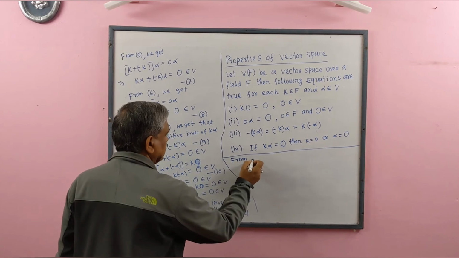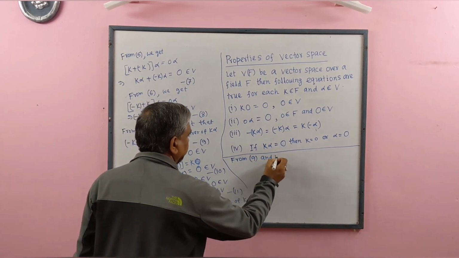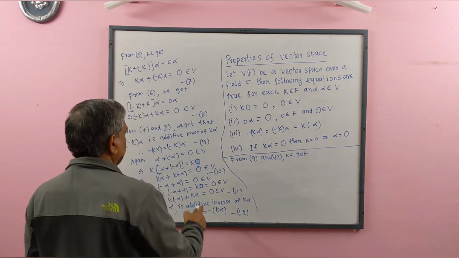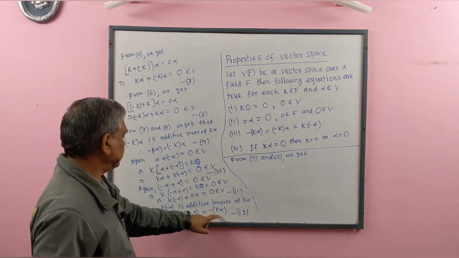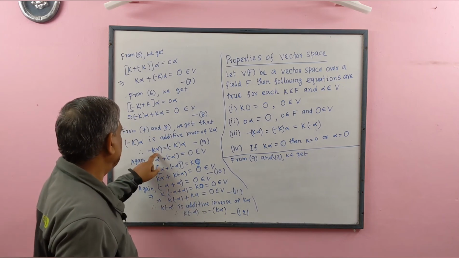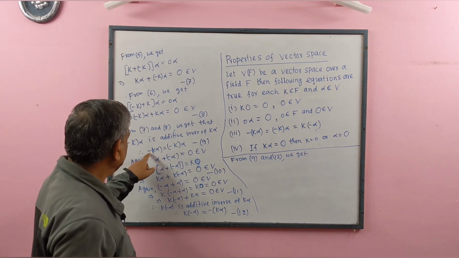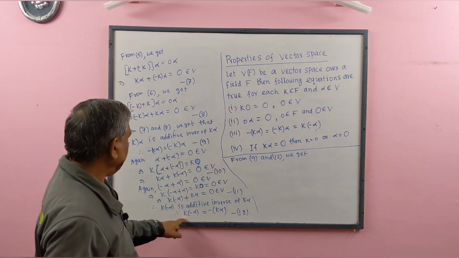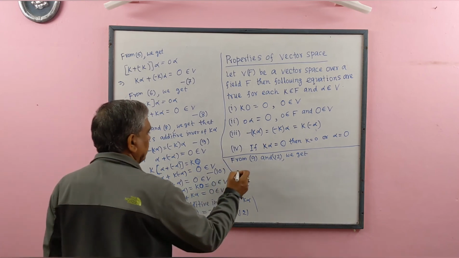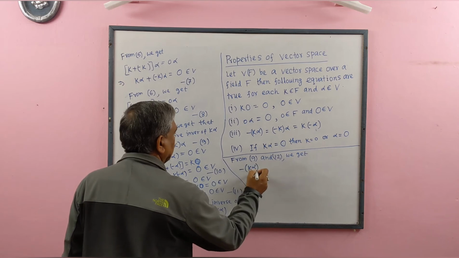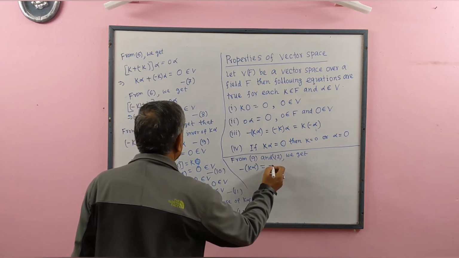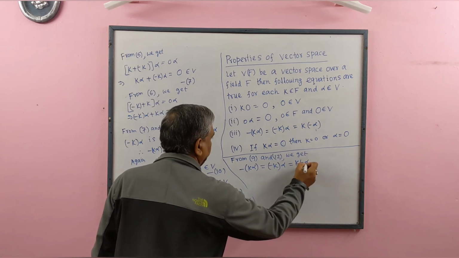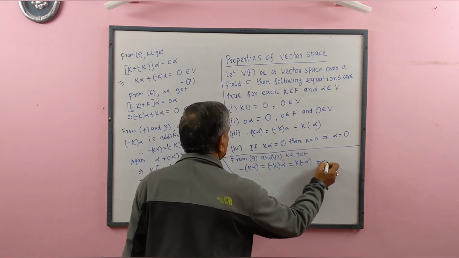From 9 and 12, we get that (minus k) alpha equals minus (k alpha) equals k (minus alpha). Number 3 proved.